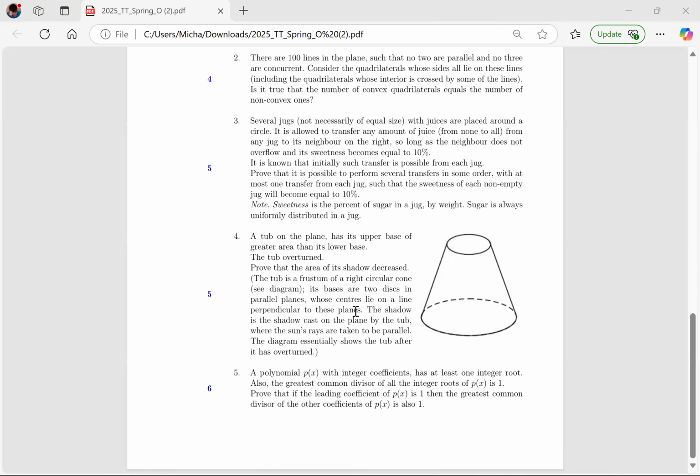Okay, so question 4 is about working out the area of the shadow of this shape and comparing it to the area of the shadow when it's upside down, if all the sun's rays are parallel. So the claim is the shadow is literally just these two circles, and you draw their common tangent.